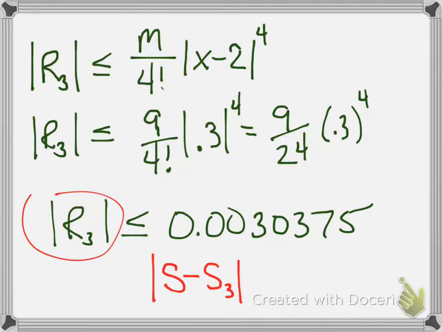And so what we have is our magnitude of R sub 3 is really the magnitude of f minus S sub 3, which now we know has to be less than 0.0030375. I guess I don't need to use that many pieces of it. So what happens if I want to drop the absolute value symbol here? Not to go into the Algebra 2 details too much, we should recall that if we drop the absolute value symbols, then this quantity needs to be trapped between less than this positive value but greater than its negative.